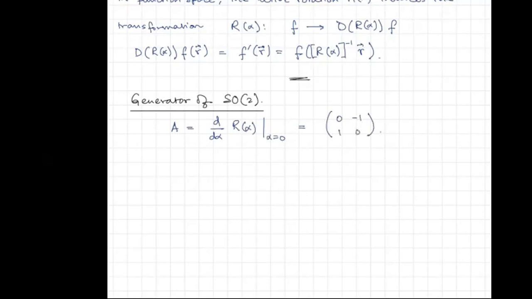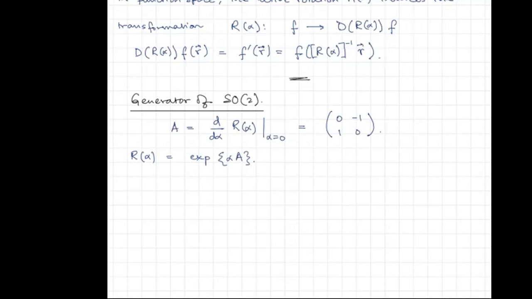We also saw that R of alpha was the exponential of alpha A. This is what we saw last time around.